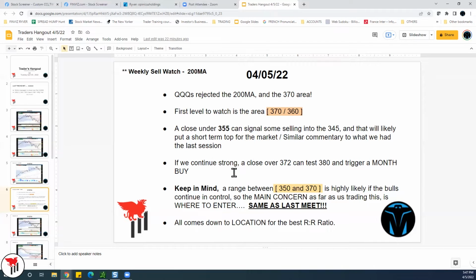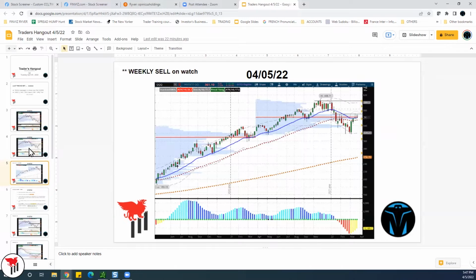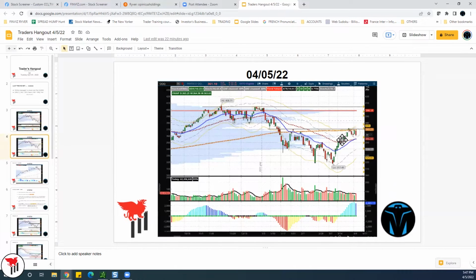Keep in mind, a range between 350 and 370 is highly likely if the bulls continue in control. Guys, this is the same as last meet. I haven't changed this. Go and check it out, right? So the 350, 370, we traded pretty good because this is 20 points up and probably another 10 to 20 points down.